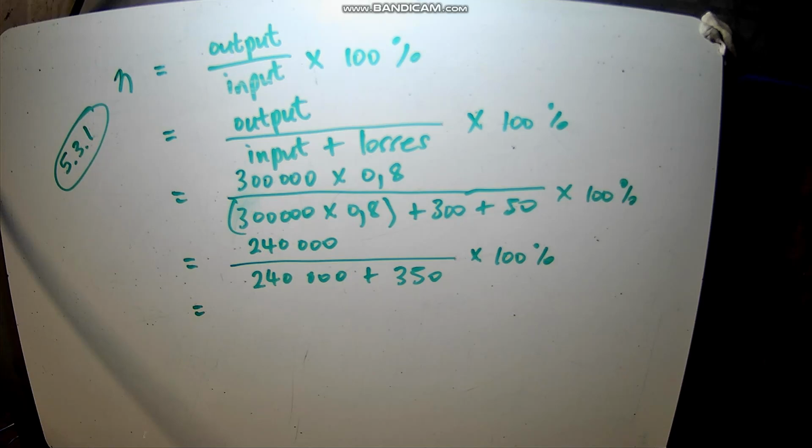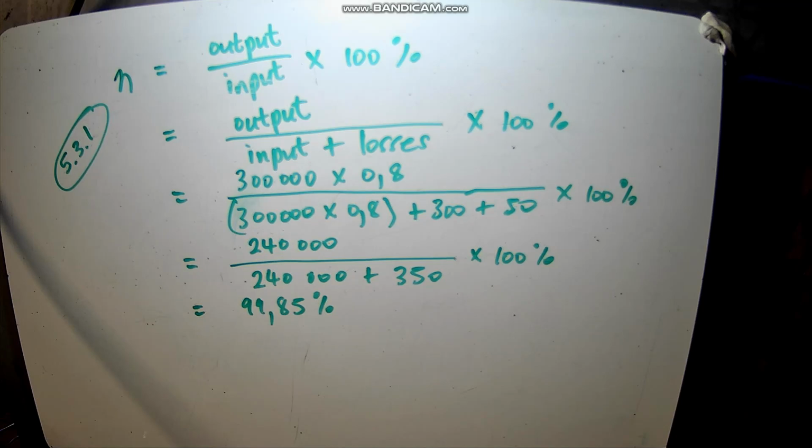So plugging that into our calculator, 99.85%. Always note that the denominator must be larger, okay, so that you don't get more than 100%.